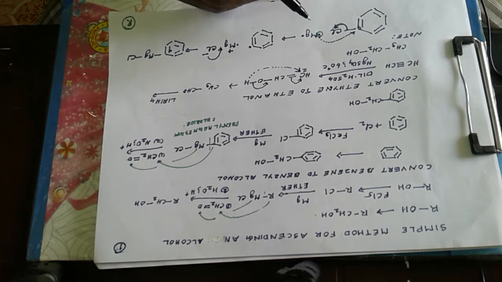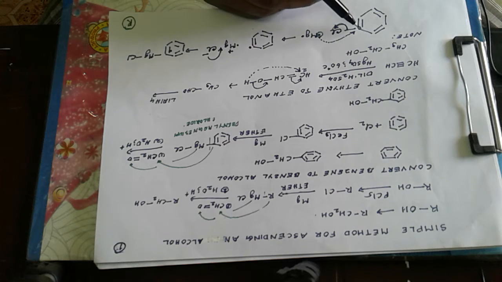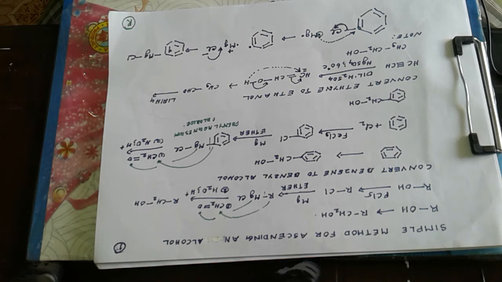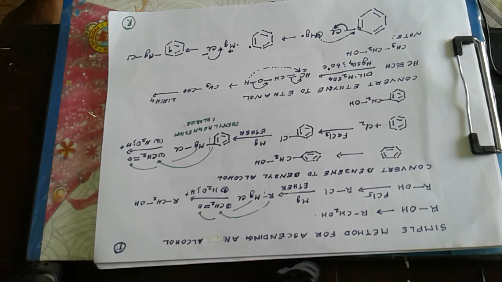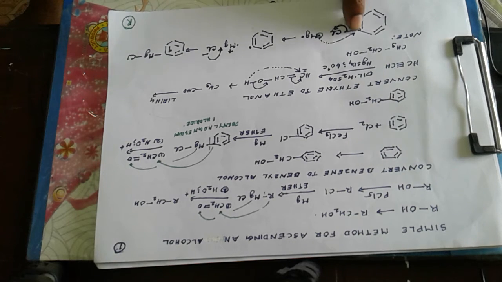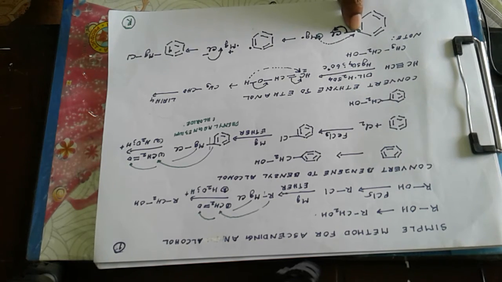There, this reactive metal donates an electron to the benzene ring system, so that the electron density from chlorine is blocked. So the resonance effect is blocked by donation of an electron by magnesium to this carbon.